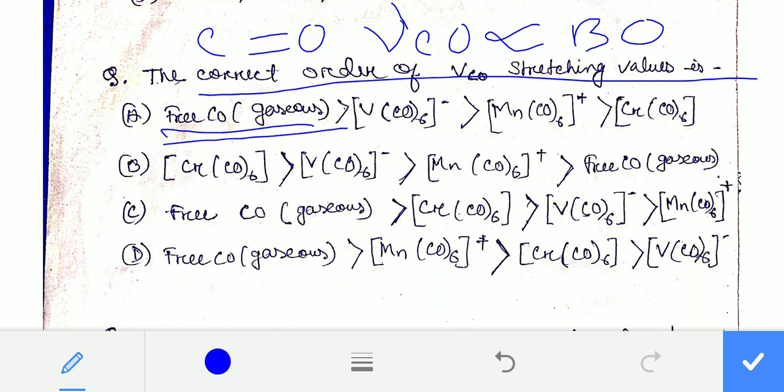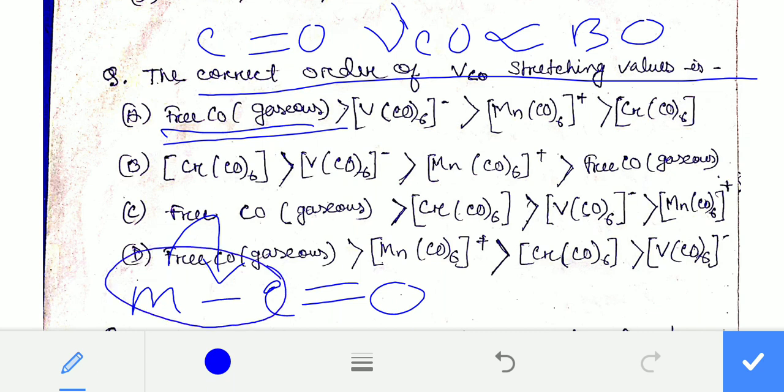more stretching values. Then when it is attached in any compound, it is attached with a metal atom through carbon. Here, this metal atom has non-bonding electrons, which it can donate to the MC bond, and this increases the MC bond order, as well as it decreases the CO bond order.